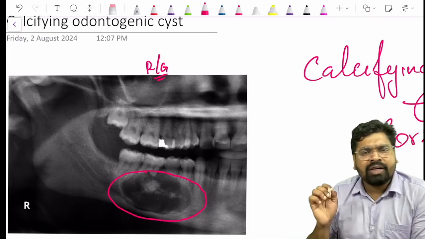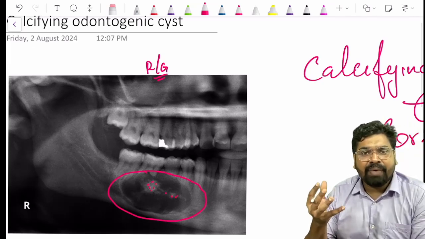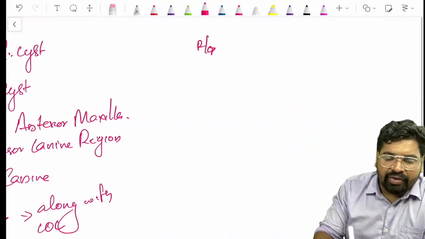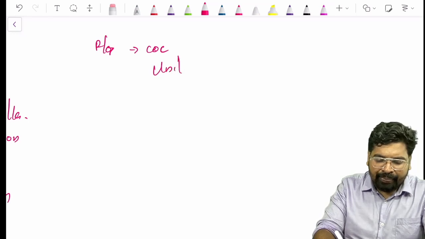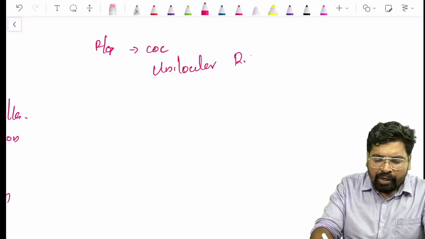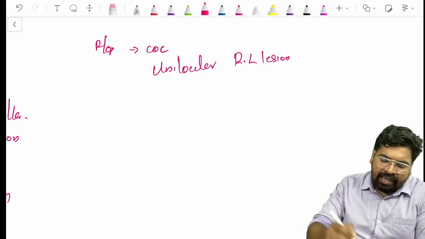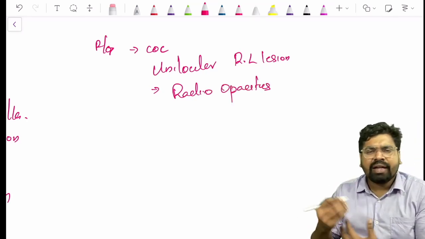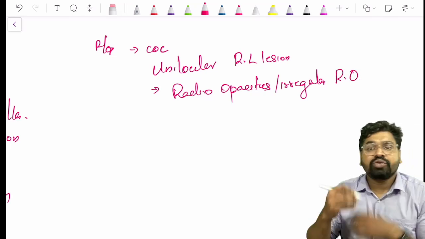A well smooth margin is there, and within that you can see some kind of calcification, some radio opacities. So it is very interesting. You are seeing a unilocular radiolucent lesion, but within that you can see irregular radio opacities along with this.